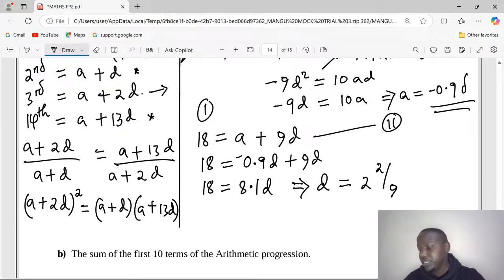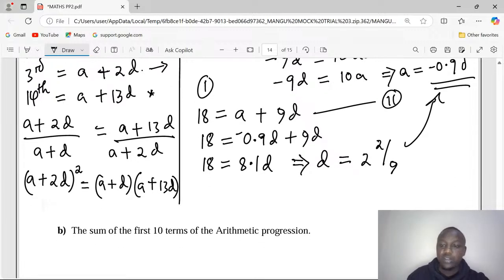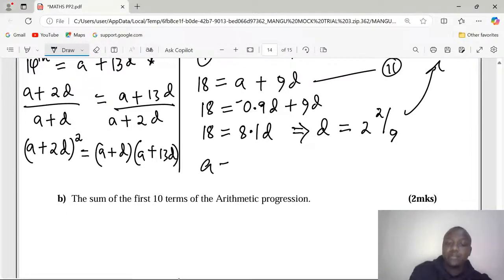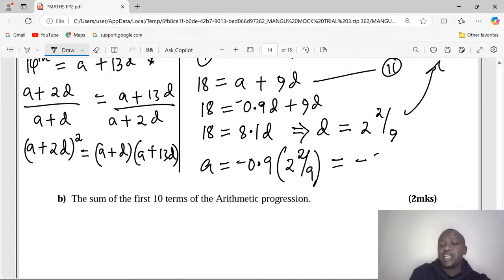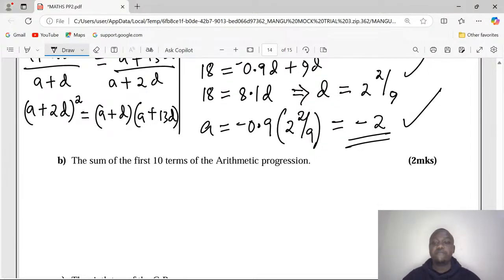Substituting back into this expression, we get the value of A as negative 0.9 multiplied by 2 and 2 over 9. This is going to give us negative 2. So the value of A is negative 2. The value of D, the common difference, is 2 and 2 over 9.